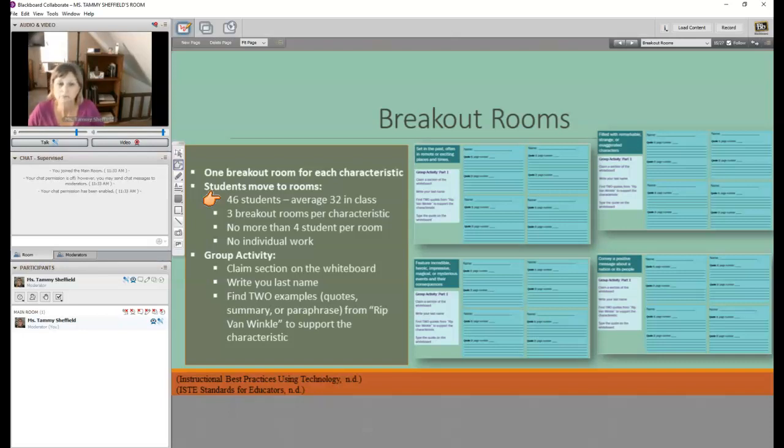But anyway, there are 46 students out of that roughly 225 students that are in the below basic students group. On average, I have about 32 of those students who show up to live sessions, and it can be more or less depending on what they've got going. In this group of students, every one of them is on an IEP or a 504 plan.